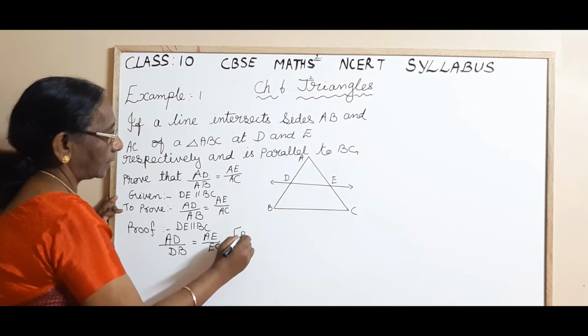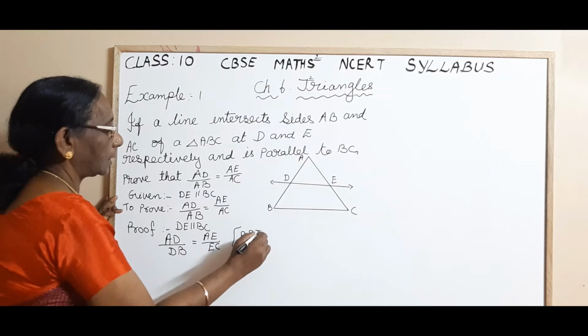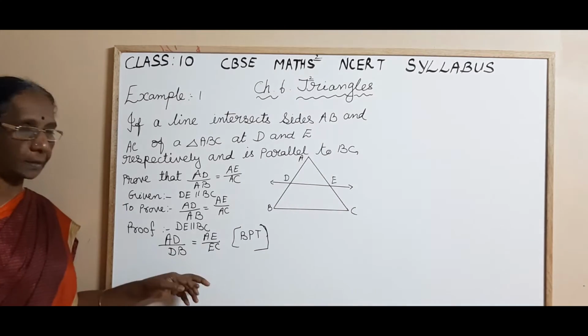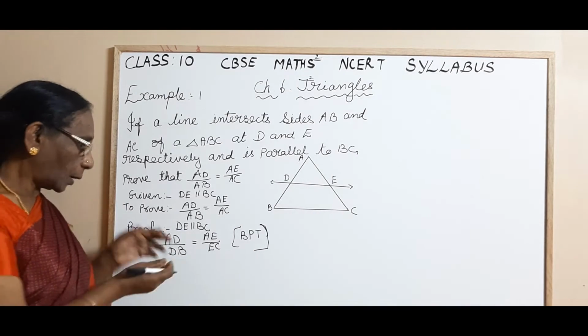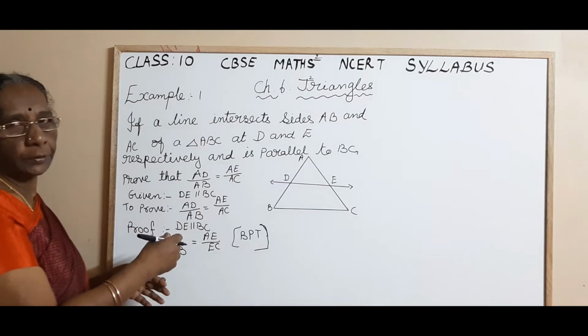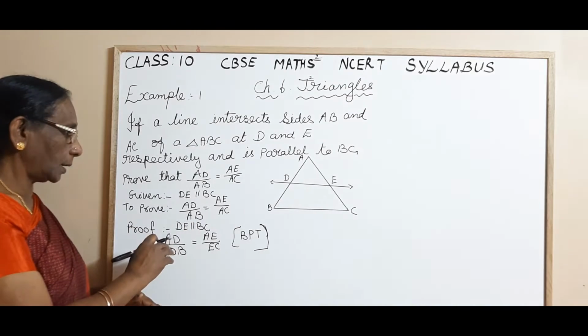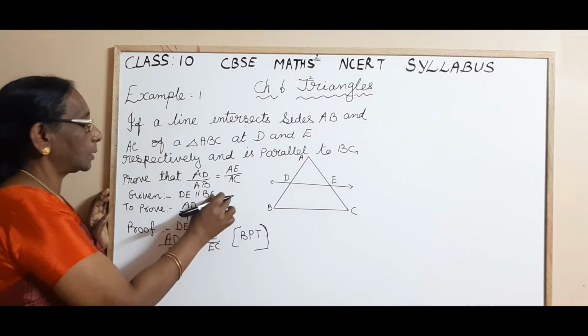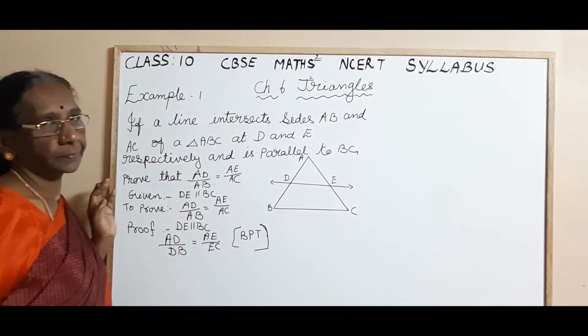Why? Basic proportionality theorem. Isn't it, children? Now, we have to change the ratio in such a way to get AD by AB is equal to AE by AC.